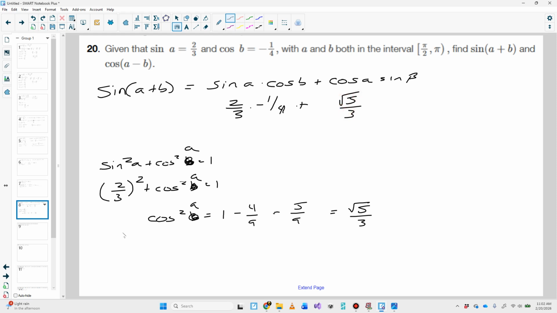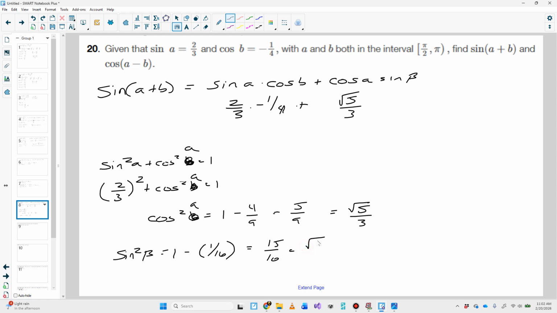I need to find sine B, so I need to do the exact same thing. Sine squared beta, and I'm just going to write it quickly, equals 1 minus cosine squared beta, which is negative 1/4 squared, which is just 1/16, positive. That's going to be equal to 15/16.